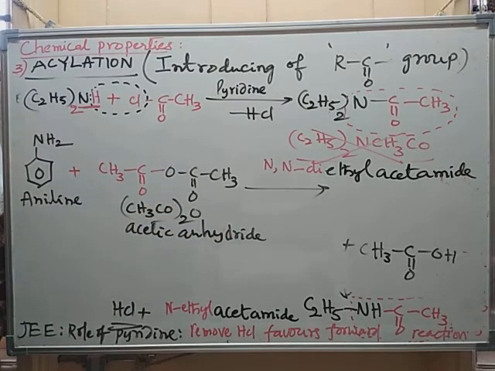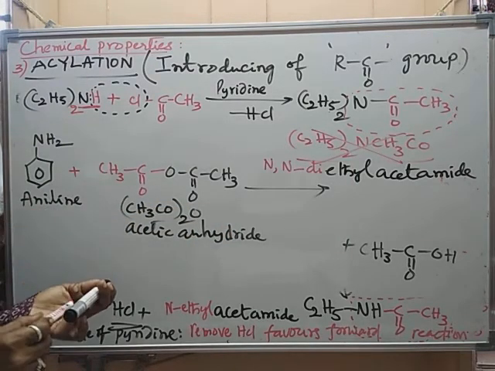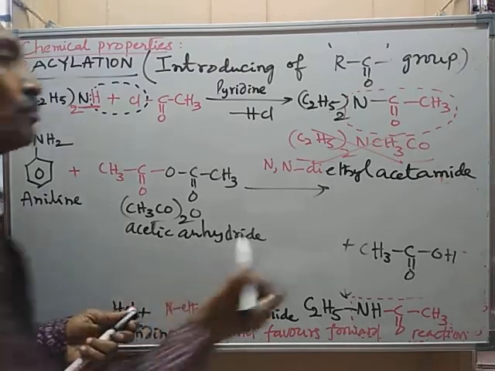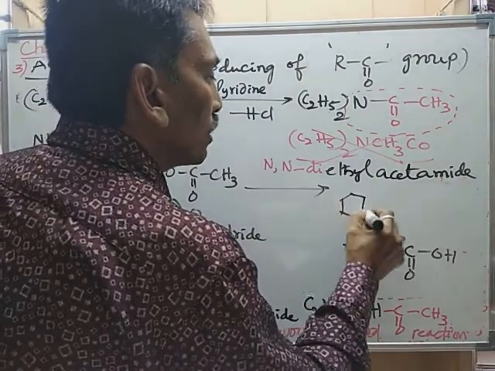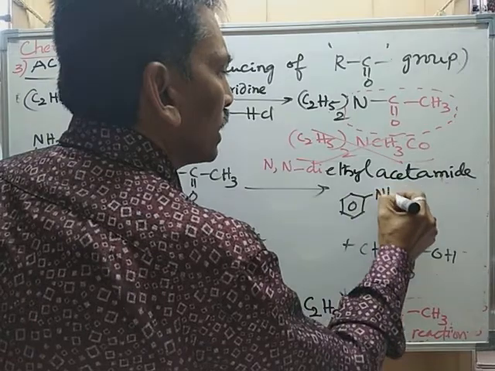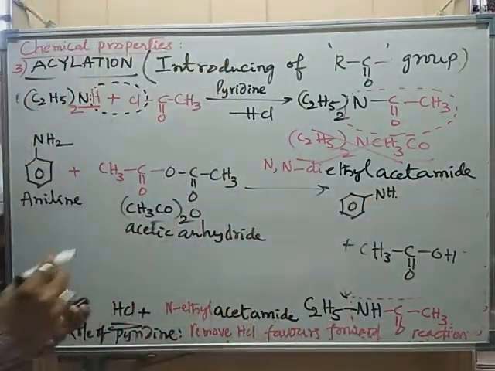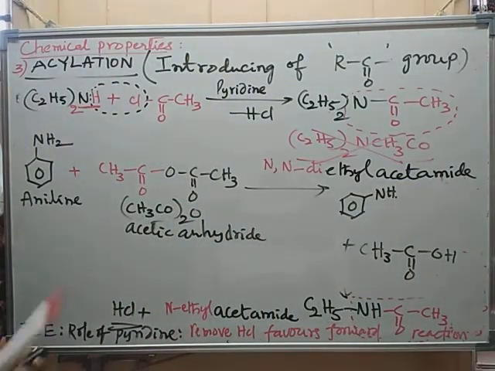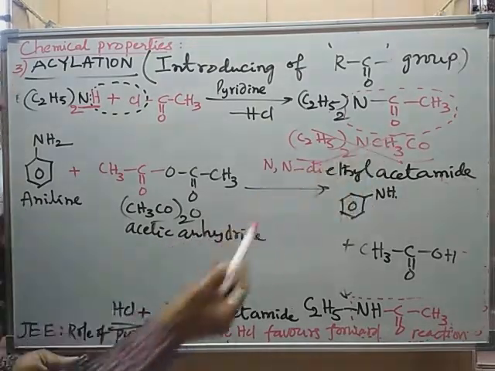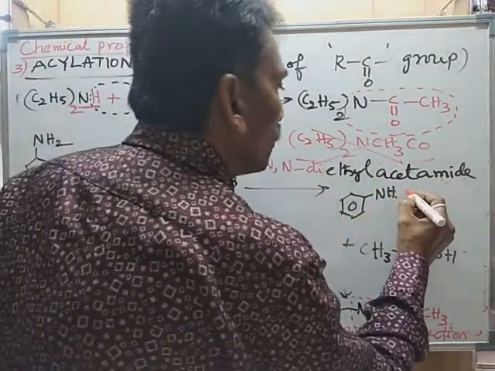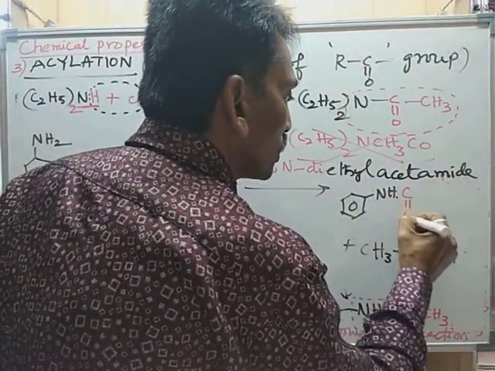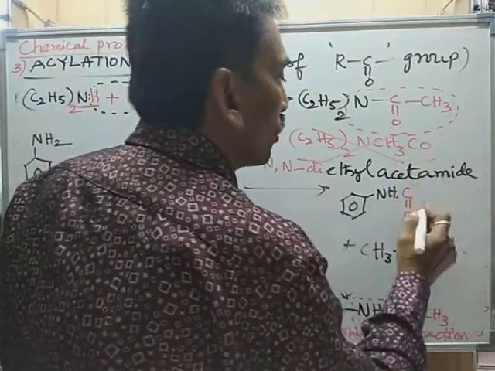This is not that important in the examination from a competitive point of view. Therefore, I would like to write it this way: benzene ring NH2. You may write any one corner first group. NH2 becomes NH. And how do you join this group? It is joined as CO, either showing bonds or simply CO, no problem at all.